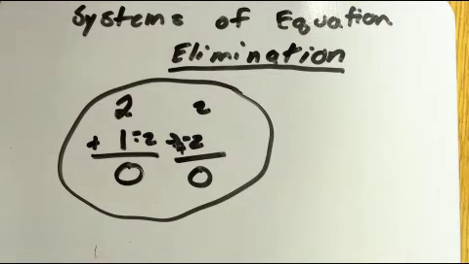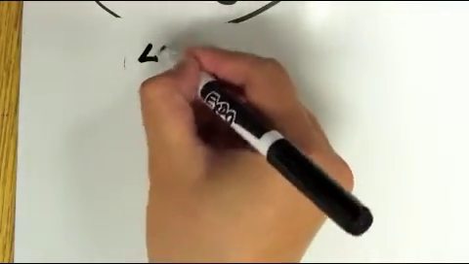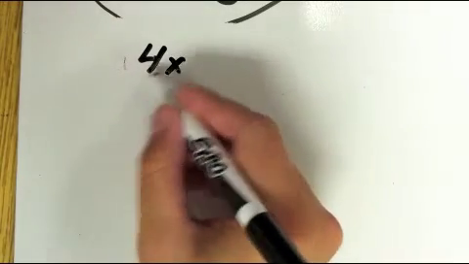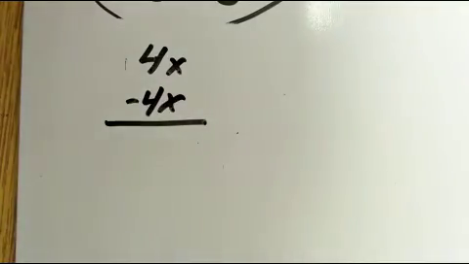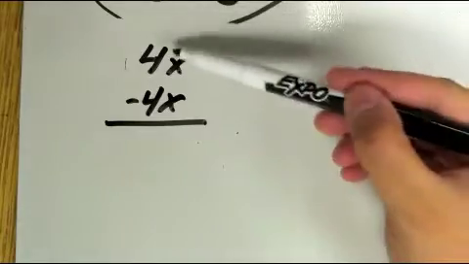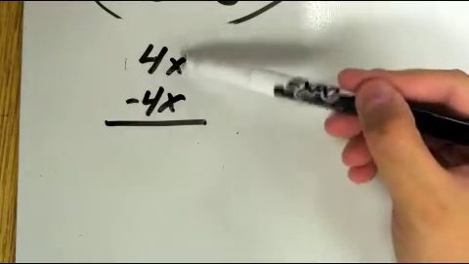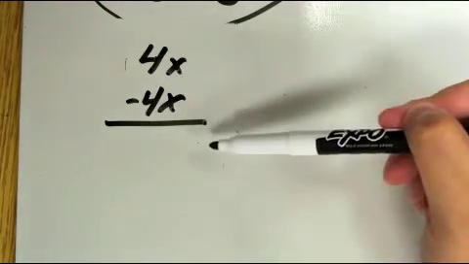So what if I gave you something like, let's do 4x and let's say negative 4x. What we're going to be doing next is adding one equation with the other equation.